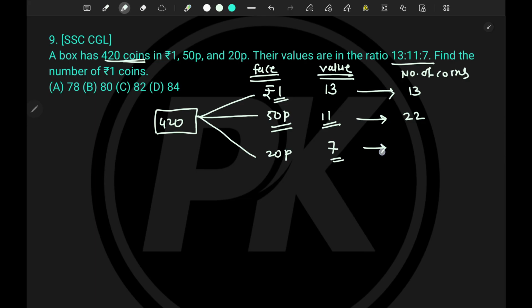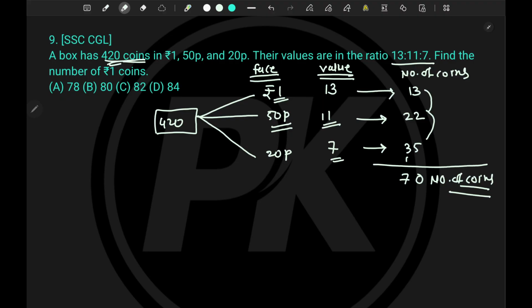Similarly, tell me how many coins of 20 paisa are needed to meet the value of rupees 7. That will be 7 times 5, which is 35. So 35 coins I will need to meet the value of rupees 7. Now this is one set. So in one set, how many coins do we have? 13 plus 22 plus 35, so total 70 coins in one set.